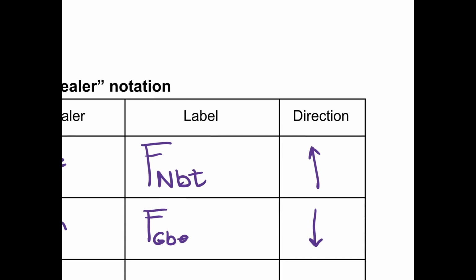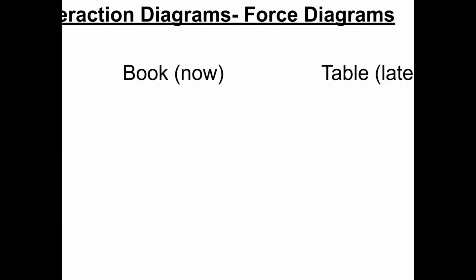So what we're going to do now is go to our force diagram, which is the book now. Our center of focus is the book, and it's balanced because it's not doing anything, it's just sitting there. So we need to make sure our arrows, we had two arrows, a down arrow and an up arrow, are even.